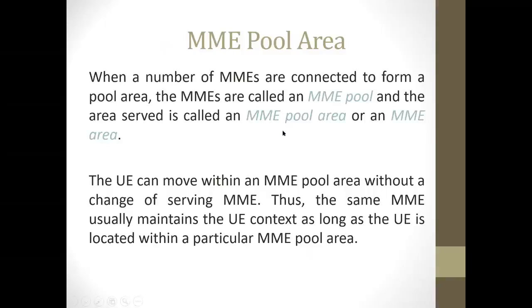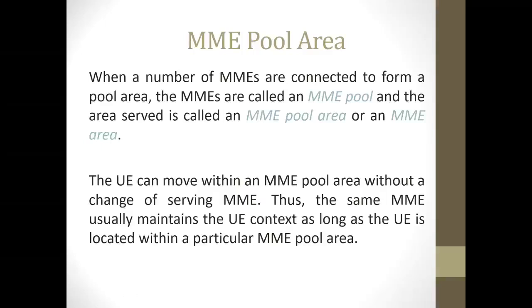The area served under the MME pool is called the MME pool area or MME area. In fact, this MME pool area and the area covered by the TAI list are the same. There is one-to-one mapping between them.